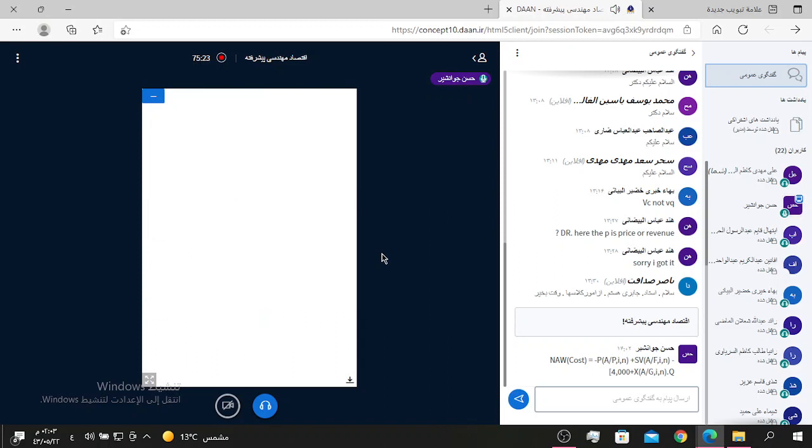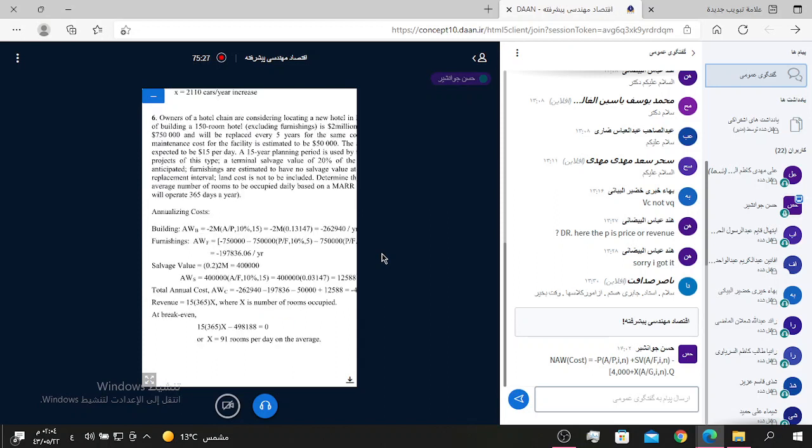Example 6. Similar to the other example, and you can read it.